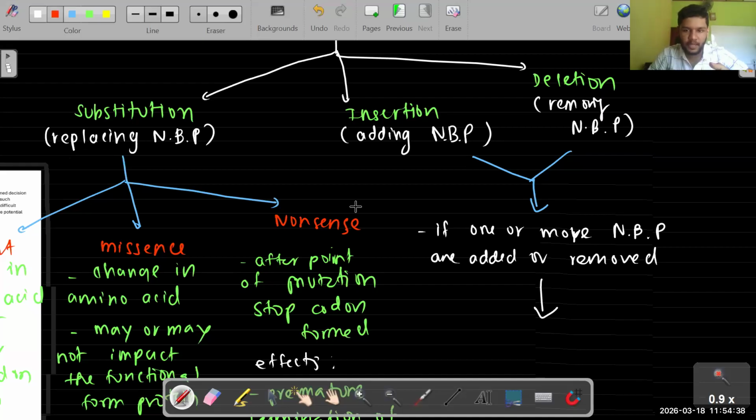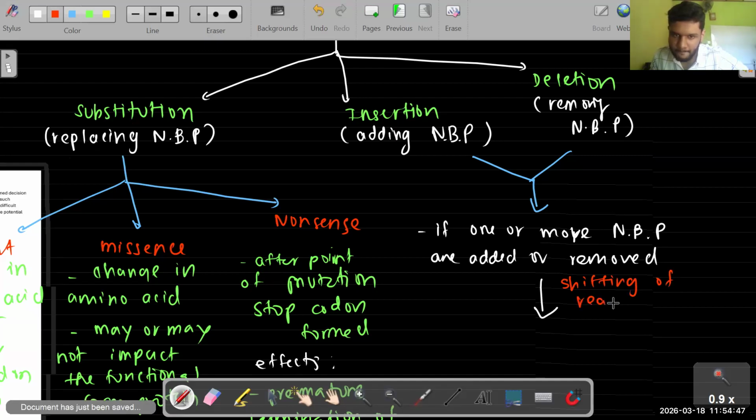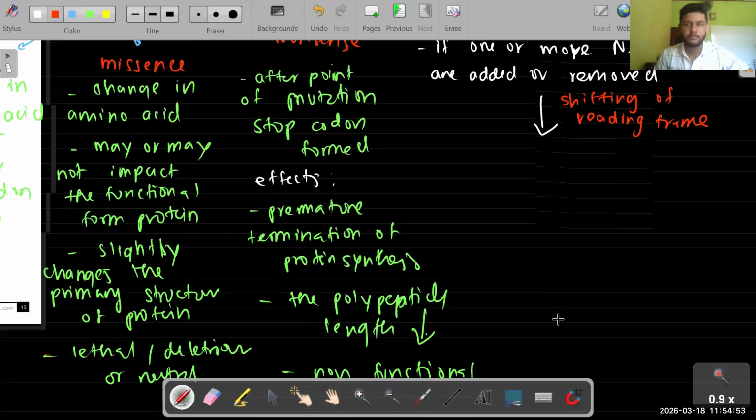If one or more nucleotide pairs are added or removed, they'll be causing the shifting of reading frame. If the reading frame shifts, that type of mutation is called what type of mutation?